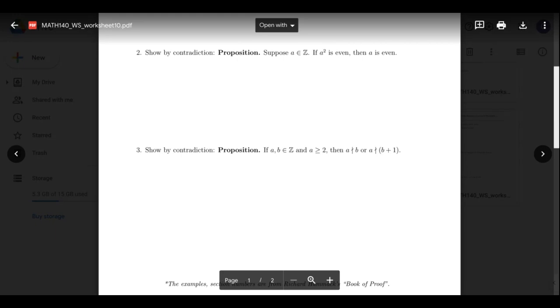You have to suppose both. Same thing for Ajaya. You have to assume A squared is even and A is odd. Remember, P and not Q.